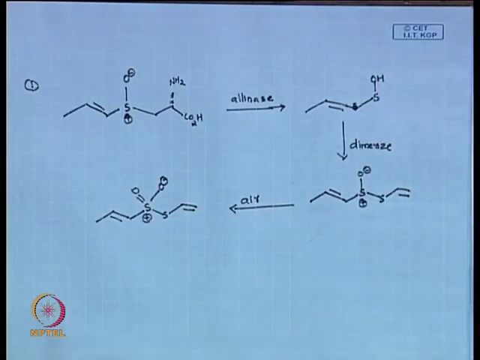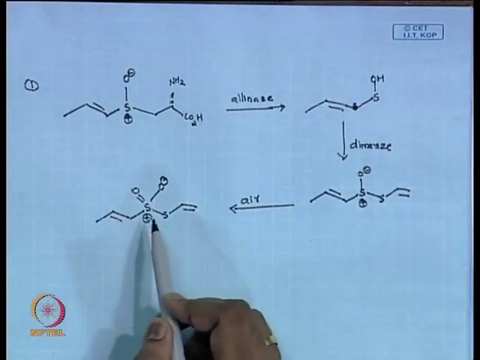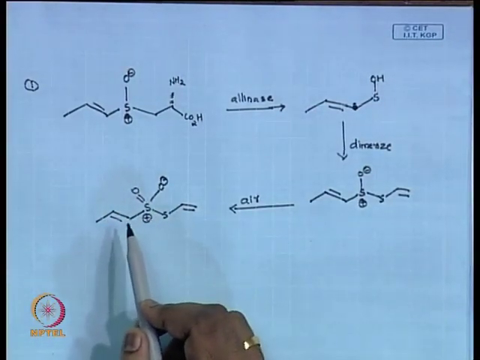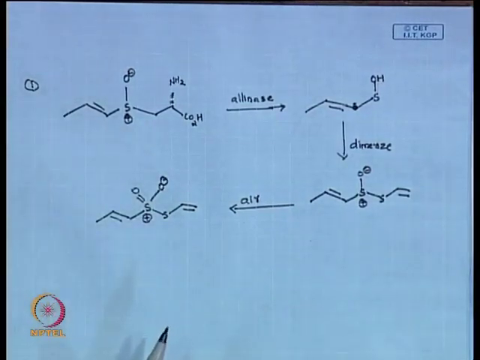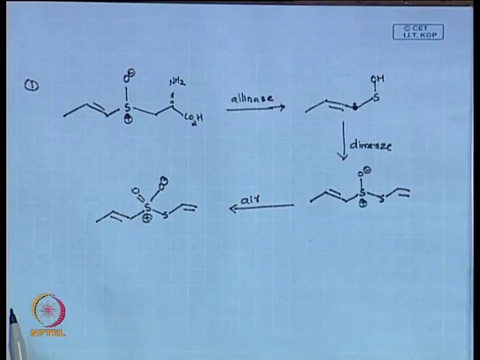Okay. So this sulfonate, which you get, is the guy which is responsible for that raw smell of onion. Because of this only you get that raw onion smell, this sulfonate.